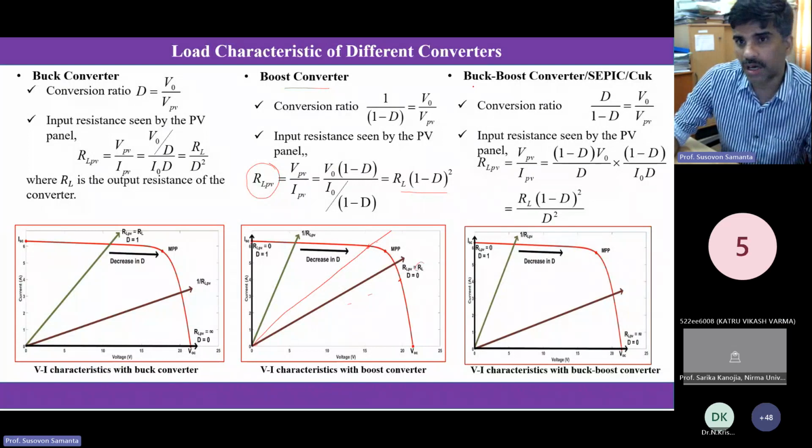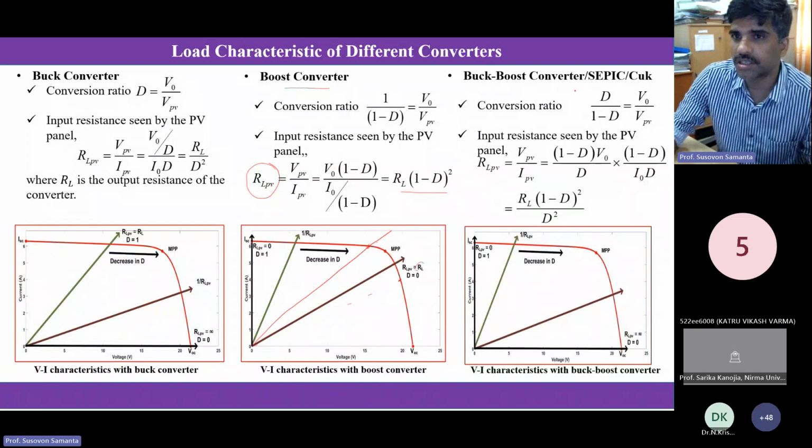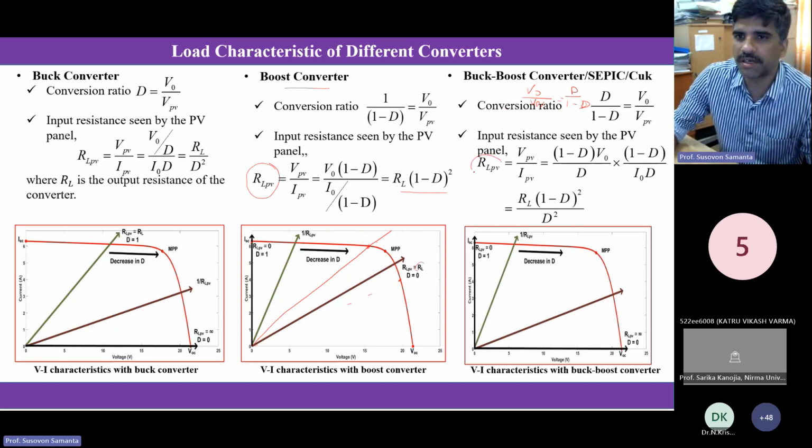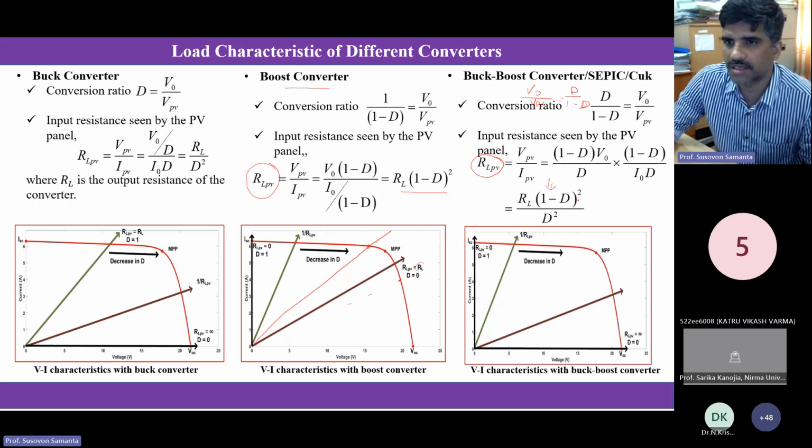Now, if you use the converters which have this input-output relationship D by (1 minus D), then what will happen? Then the resistance seen by the panel is expressed as RL into (1 minus D) square by D square.